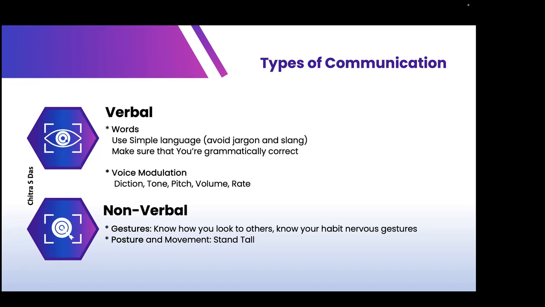Shoulders erect and stand straight. Okay, your posture really conveys a message to people, how confident you are, what you think about yourself. Everything comes out, okay? How confident you are about the subject, everything comes out the way you present to others, okay?